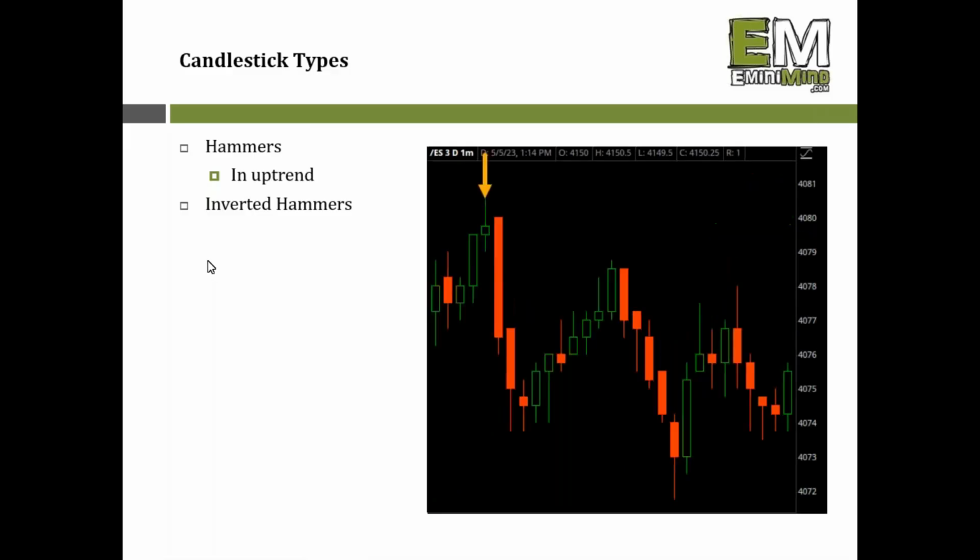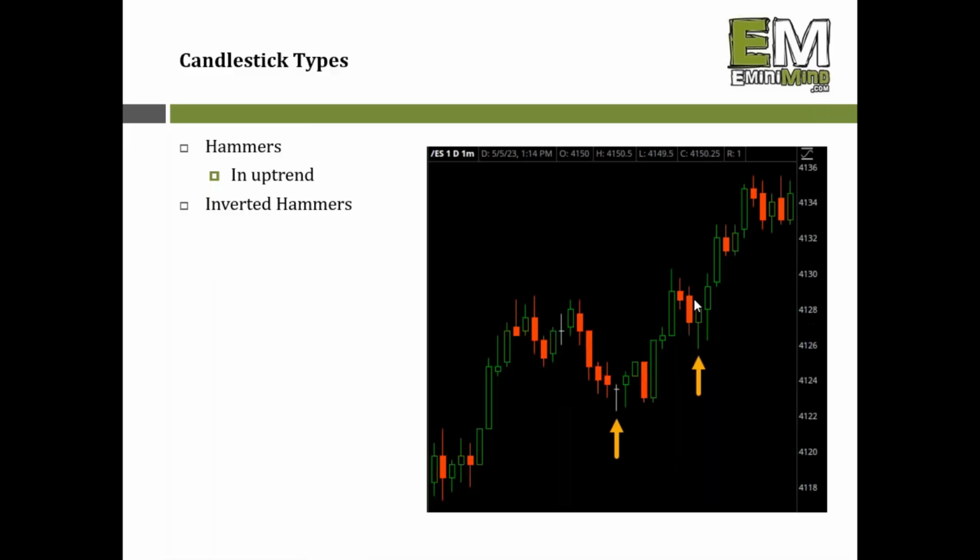And what makes a hammer or an inverted hammer? Well, what we're looking for is a candlestick where the body, the filled or unfilled part, is about a third or less of the entire candle. So if it's a 3-point candle, we want the body to be about 1 point.